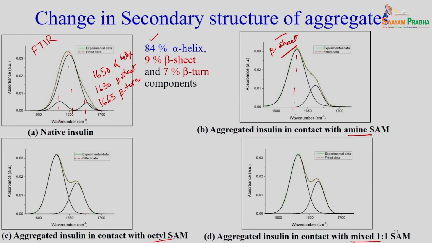But the common thing is, in all the cases the alpha helix peak has disappeared and there is a formation of beta sheet rich structure. So, part of the alpha helix is converted to the beta turn and most of the alpha helix is converted to the beta sheet.